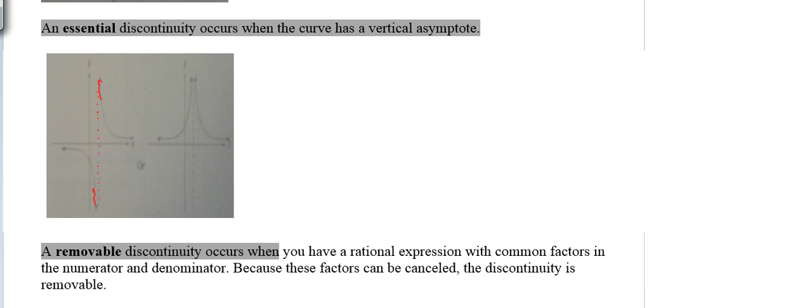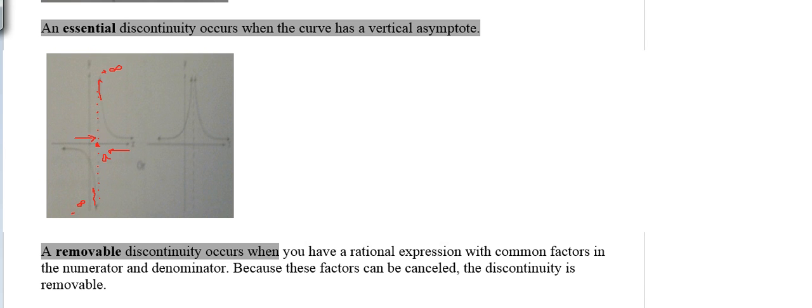Suppose this is a here. As x approaches a minus, the limit goes to minus infinity, and as x approaches a plus, it goes to plus infinity. So we have a discontinuity, and we call it an essential discontinuity.